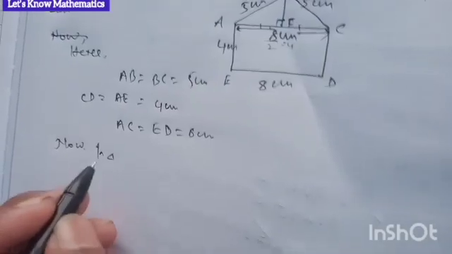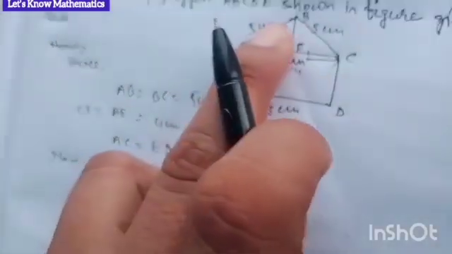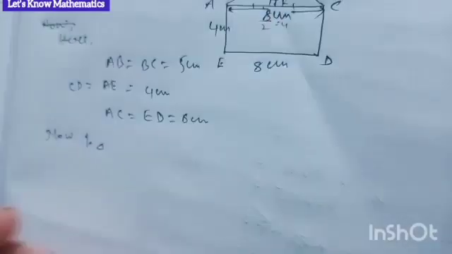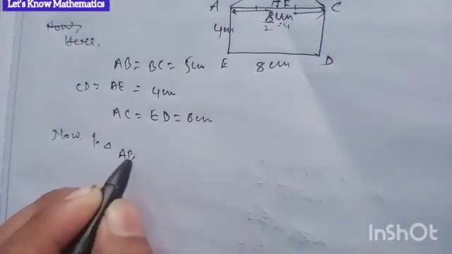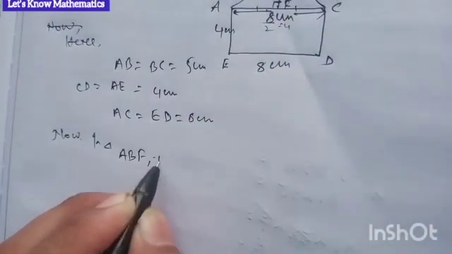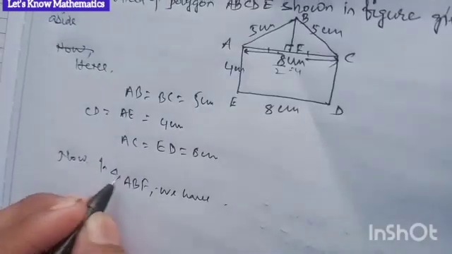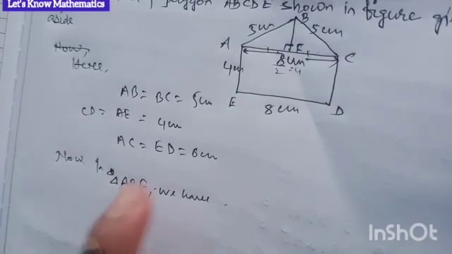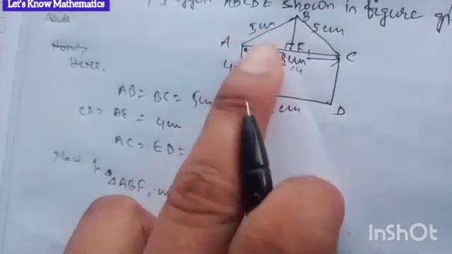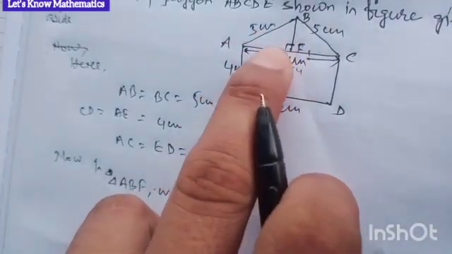Now in triangle ABF we have, this is a right angle triangle because it makes 90 degrees.